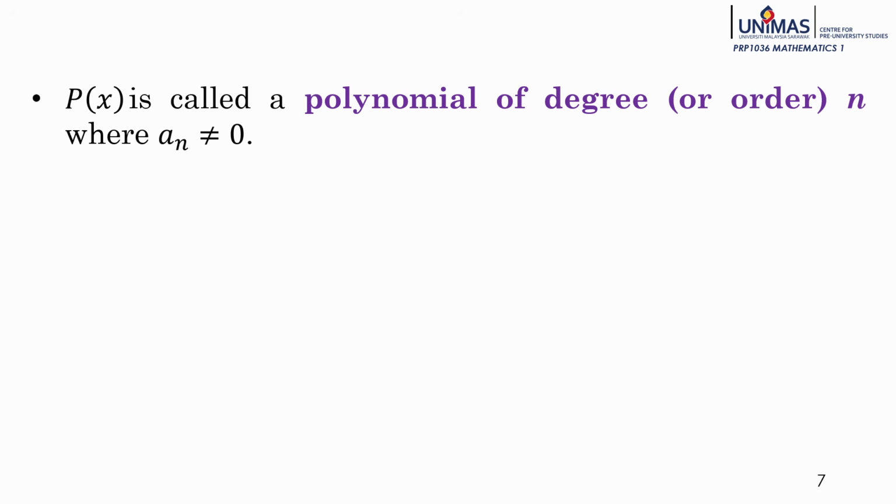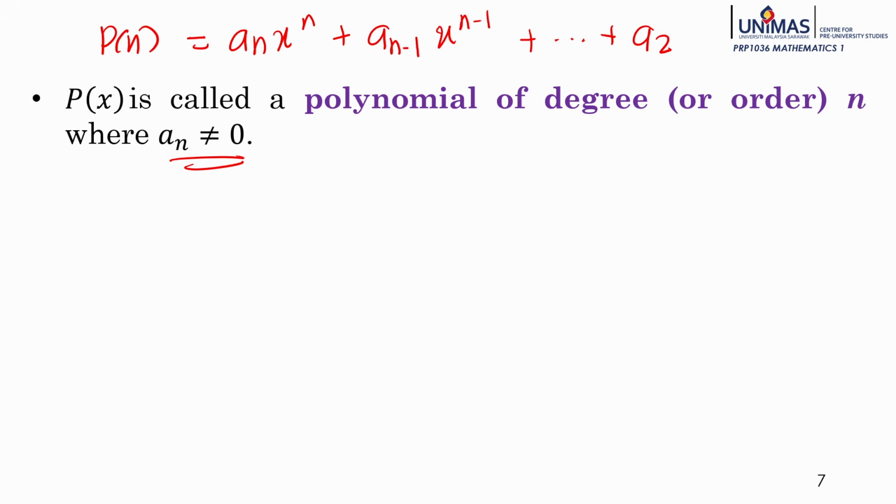Next, p(x) is called a polynomial of degree or order n where a_n cannot be 0. Before this, you know that p(x) equal to a_n x to the power of n plus a_(n-1) x to the power of n minus 1 plus and so on plus a_2 x squared plus a_1 x plus a_0. Here a_n cannot be 0, because if this value is 0, then this term does not exist.